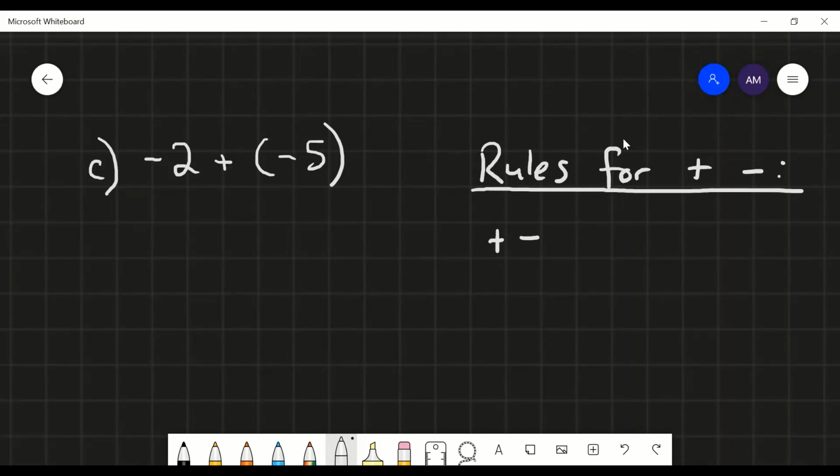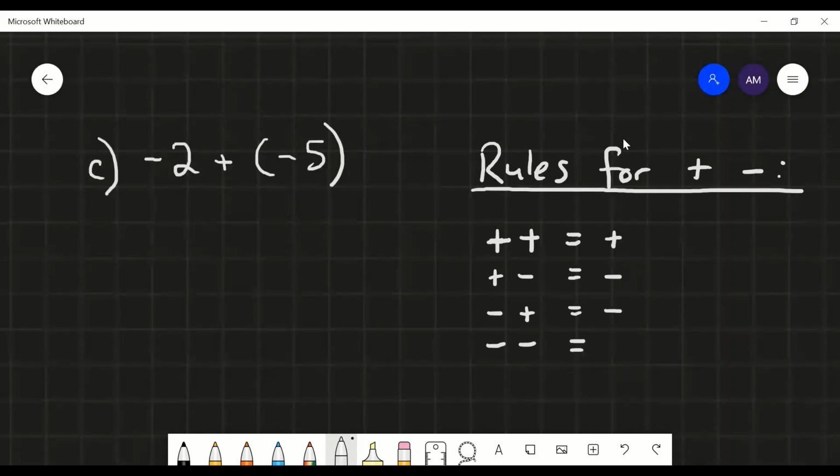And actually, I'll do 2 pluses first. If ever you see a plus and another plus, that will make a plus. If you see a plus and a minus, that's going to make a minus. A minus and a plus is going to make a minus. And 2 minuses make a plus.